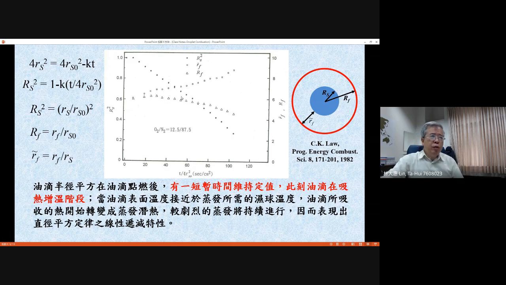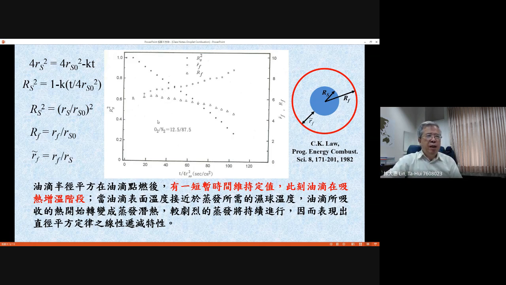In this short period, the flame moves away from the liquid surface because a lot of fuel vapor is coming out. The flame is pushed out, which means more fuel vapor than oxygen is diffused in. We call this the so-called fuel vapor accumulation, and it pushes your flame away from the liquid surface.